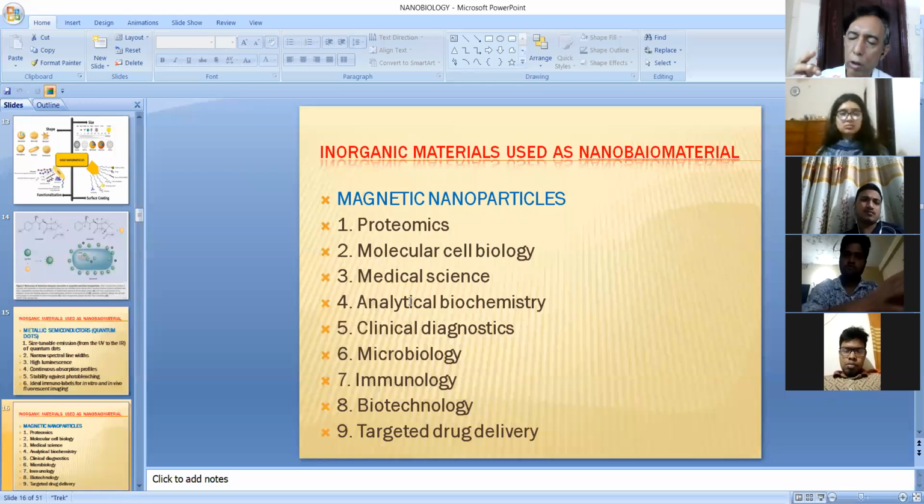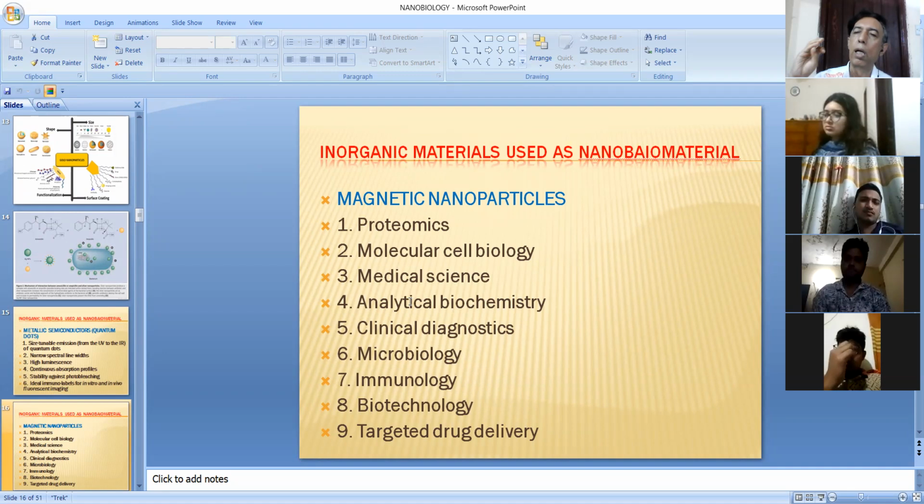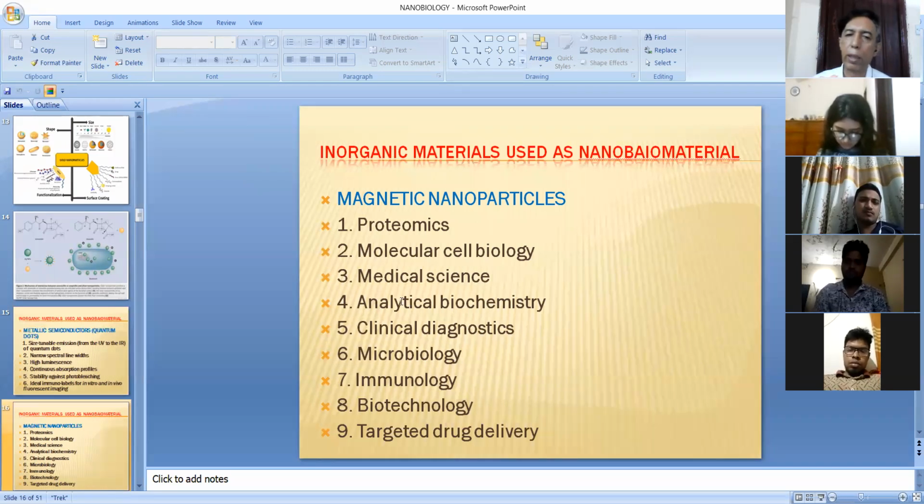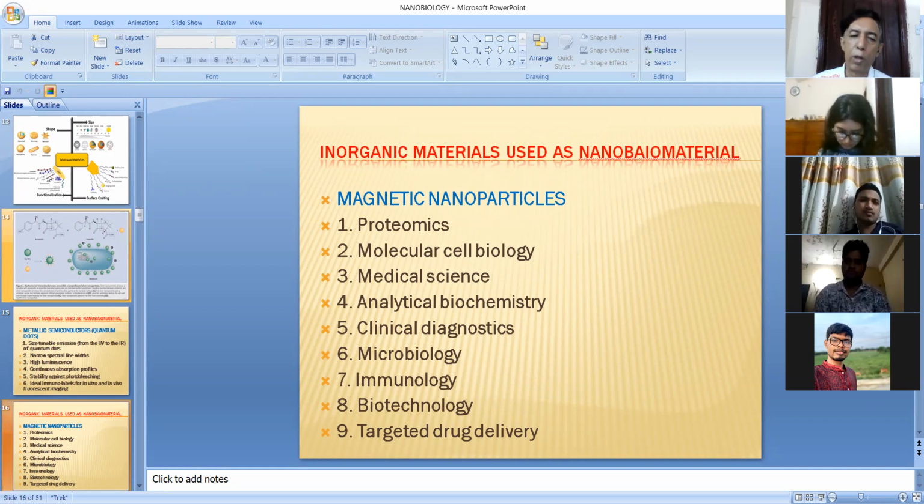Some quantum dots, that means inorganic metallic semiconductors, are also used as nanobiomaterial, and magnetic nanoparticles like iron oxide are also used as inorganic materials as nanobiomaterial.